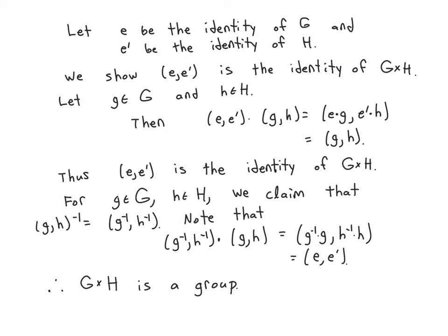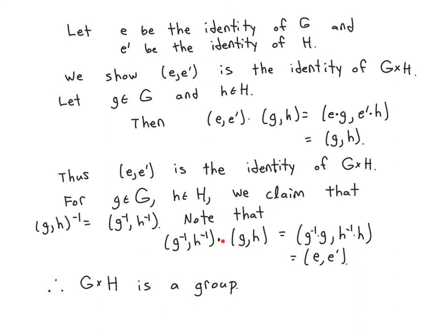Finally, we need to figure out what the inverses are. And it seems coordinate-wise identities worked very well, so maybe coordinate-wise inverses will work well. So let's try that. Let's suppose that the inverse of an ordered pair is the coordinate-wise inverses. So inverse of the first coordinate, inverse of the second coordinate. What do we have to check?